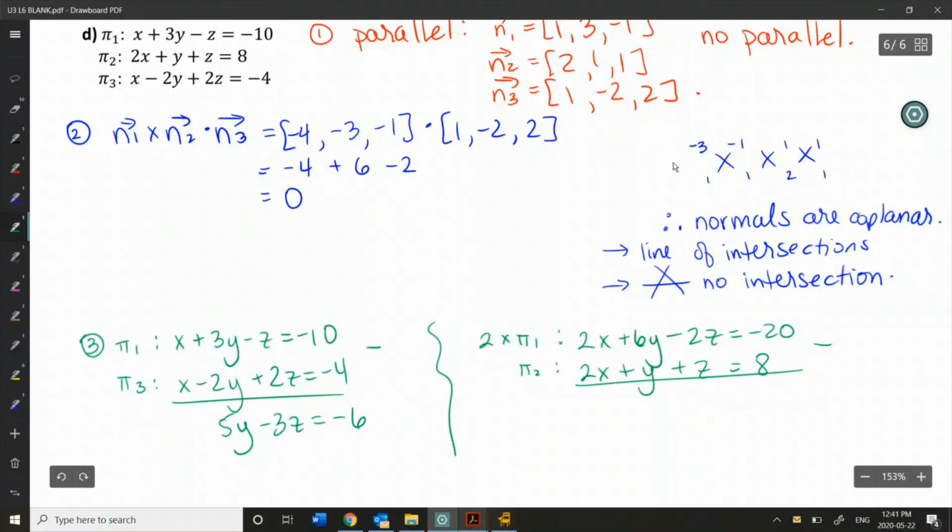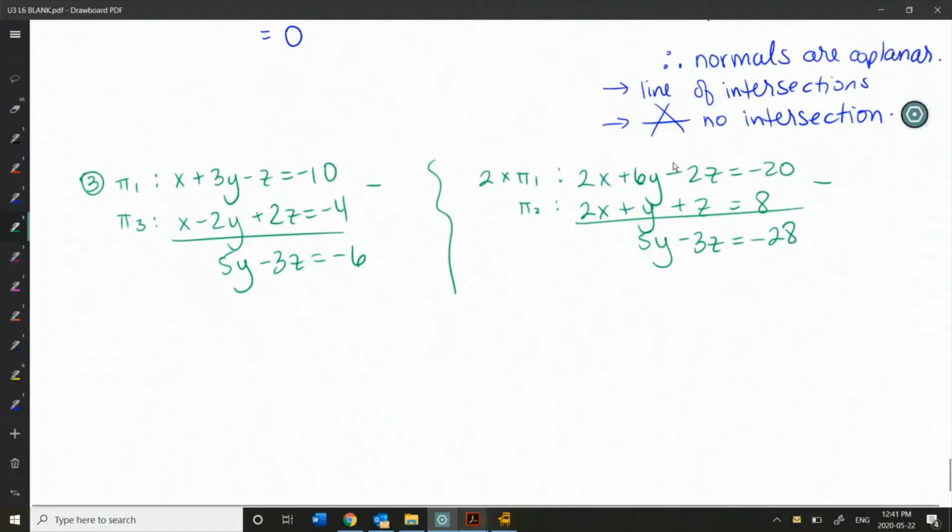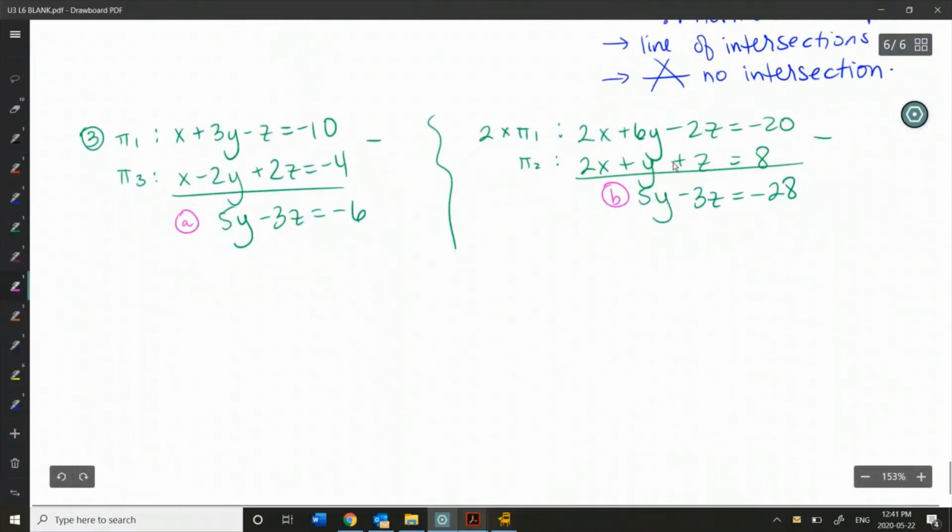And we're going to subtract. So we're getting 5y minus 3z minus 28. Okay, so we've just generated two new equations. We'll call these equations A and B.